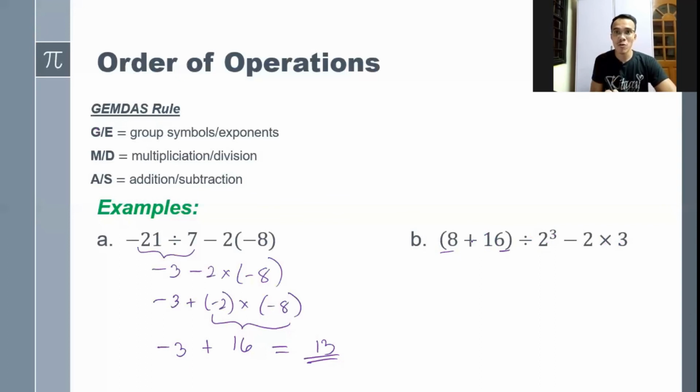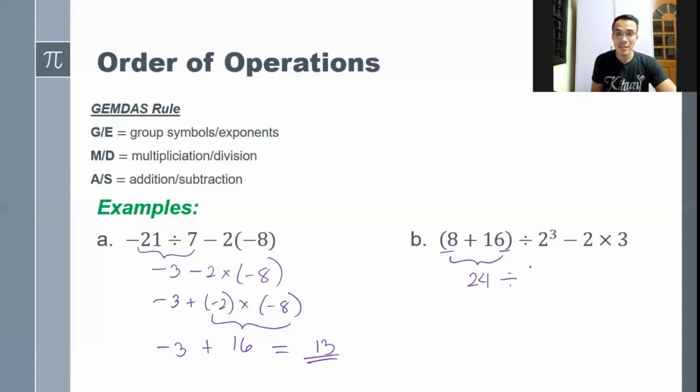And in order to be able to get rid of the parenthesis here, we have to perform whatever operation is inside this grouping symbol. It's 8 plus 16. We will be forced to add 8 and 16. 8 plus 16 is 24.